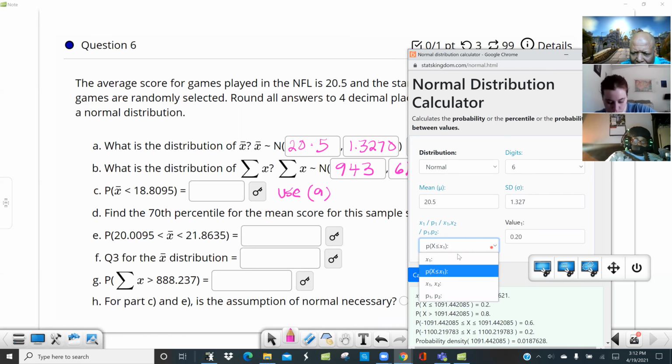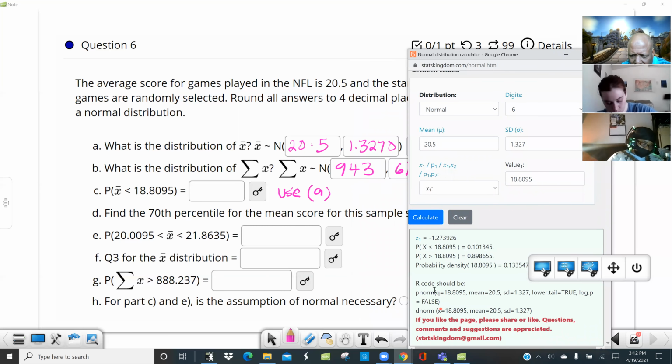So I'm going to say one value, and I want 18.8095, to the left, meaning less. So I want this one here, 0.1013.